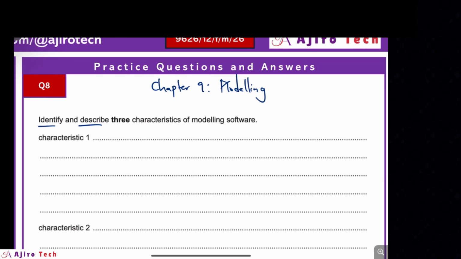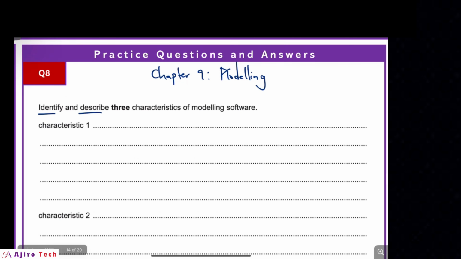We can have automatic recalculation, and we have rules or formulas, right? We even have cell protection, your macros, okay? So let's say we should identify and describe the three characteristics.